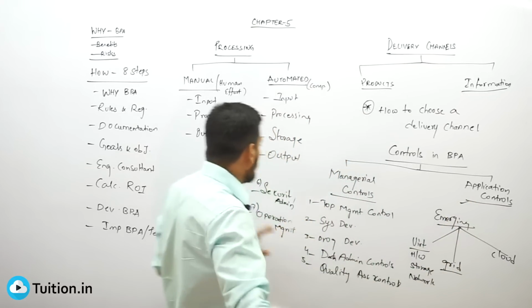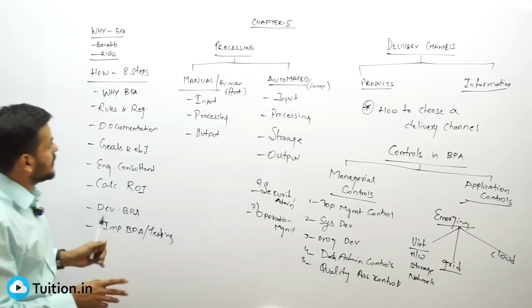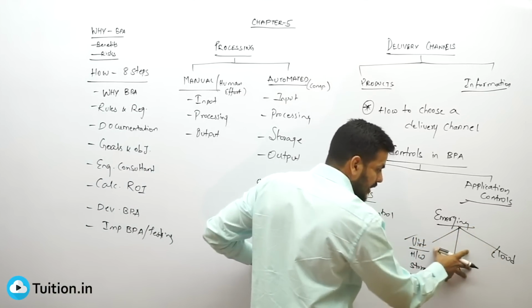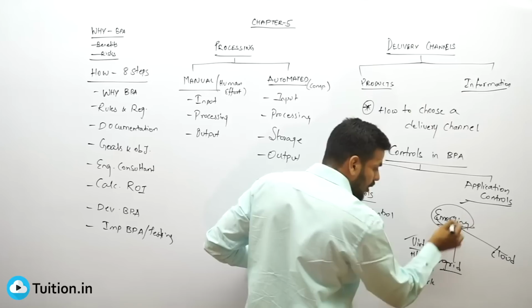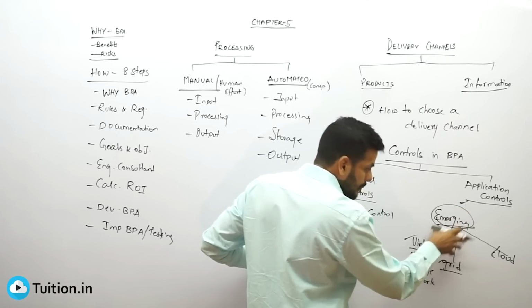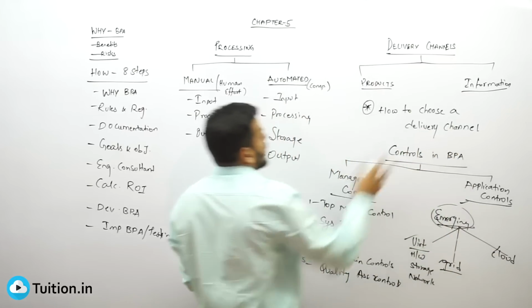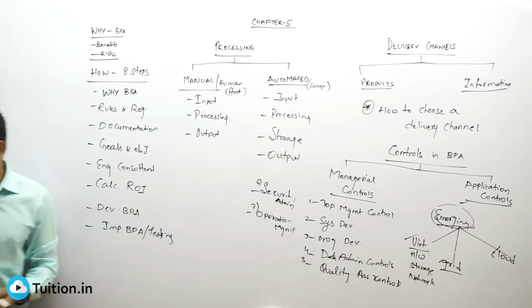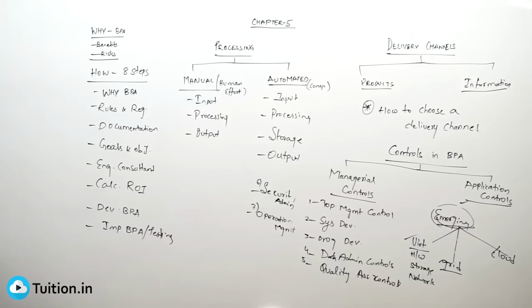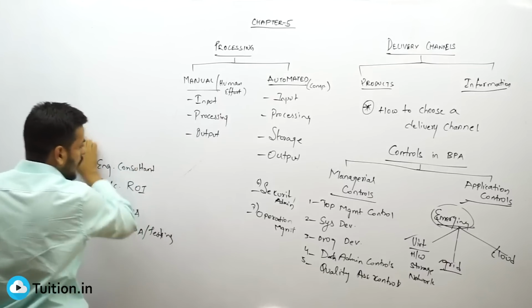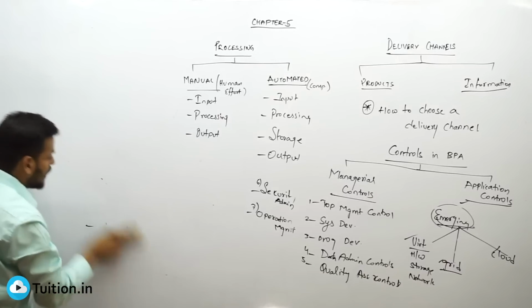So let me take you through application controls. That's the only thing we need to catch up with, because these 3 concepts of virtualization, grid and cloud are important, guys. One question can come from this quadrant. And let me take you through some of the application controls as well. What are some of the application controls? We have boundary controls, input controls, process controls, output controls, database controls.